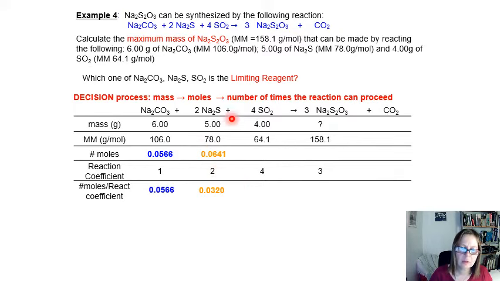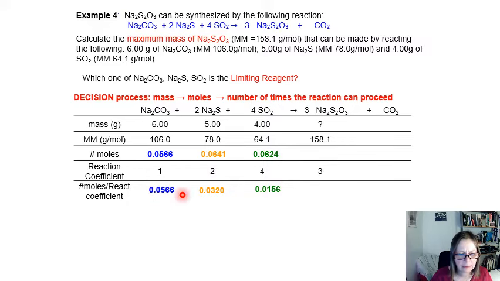The reaction based on sodium sulfide can proceed 0.032 mole times. If we look at sulfur dioxide, 4 grams divided by 64.1, 0.0624 moles, divided by the reaction coefficient 4, the reaction can proceed, based on sulfur dioxide, 0.0156 mole times.